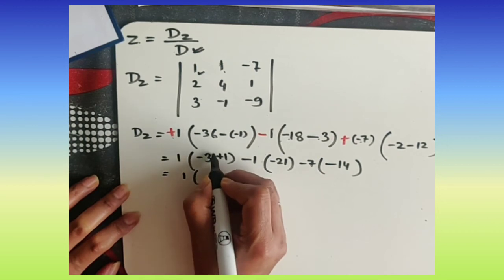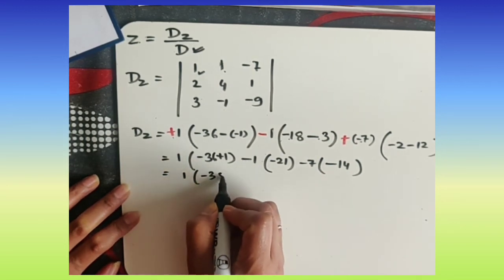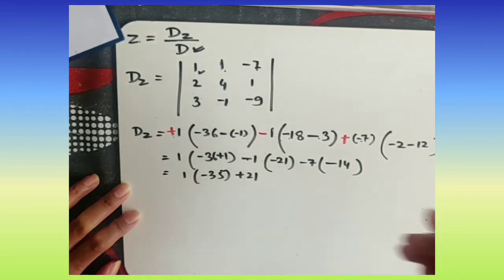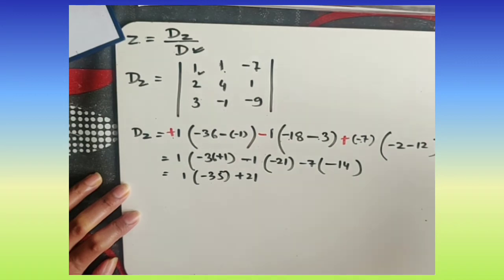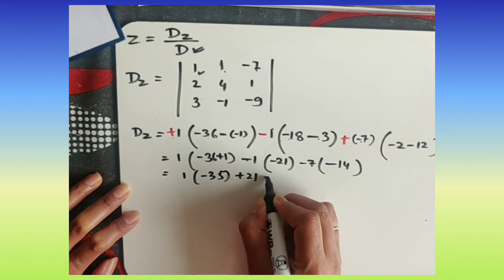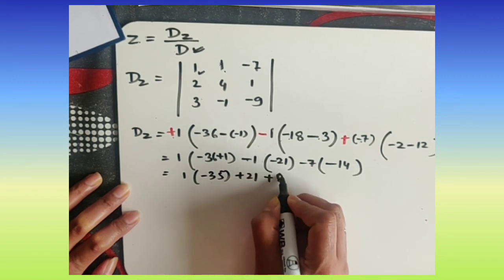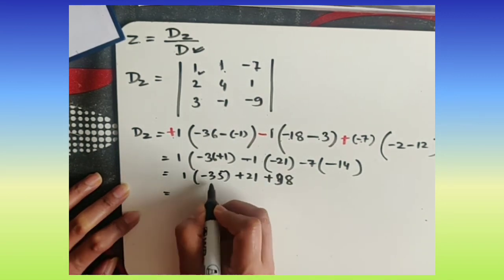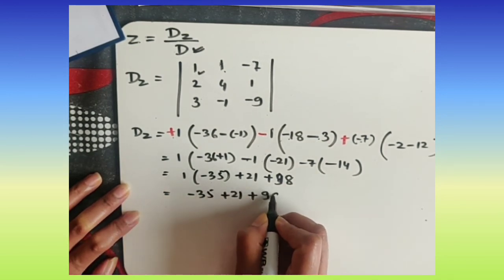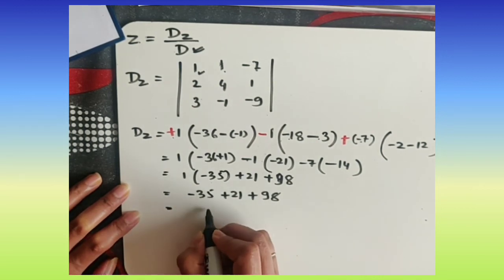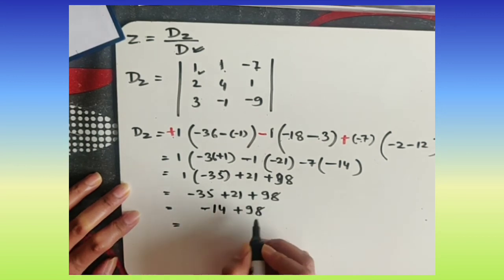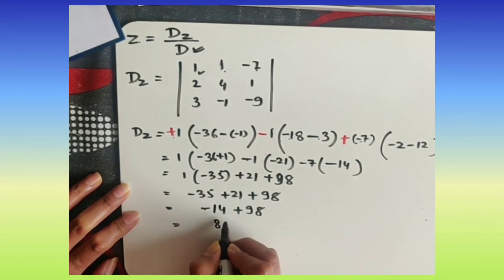Here it is 36, so minus 35, and minus minus plus 21, and minus 7 multiplied by minus 14 will be plus 98, equal to minus 35 plus 21 and then plus 98. Minus 35 plus 21 will be minus 14 plus 98, and then minus 14 plus 98 will give you 84.